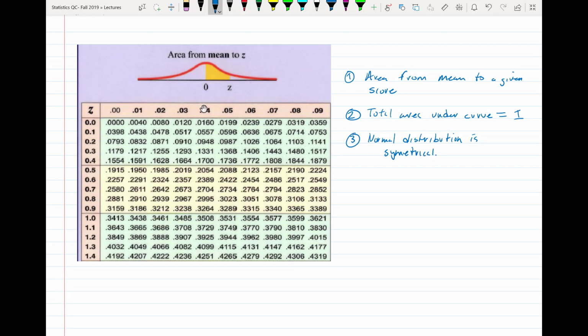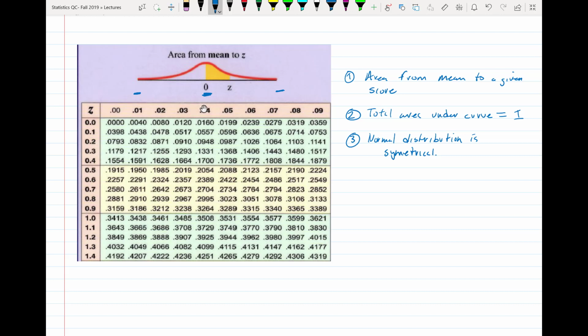This is important because it leads us to the corollary that the area from the mean all the way out to the highest possible z-score is going to be 0.5, and the area from the mean to the lowest possible score out here is also going to be 0.5.